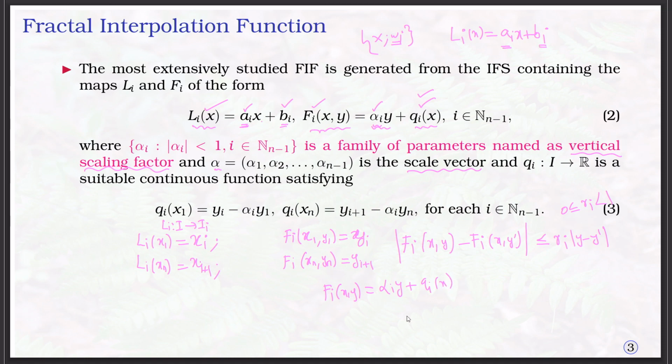If you are finding Fi of x comma y minus Fi of x comma y dash, you just apply this mapping, then one can get alpha i times y plus qi of x minus alpha i times y dash minus qi of x, because there is no change in the x.